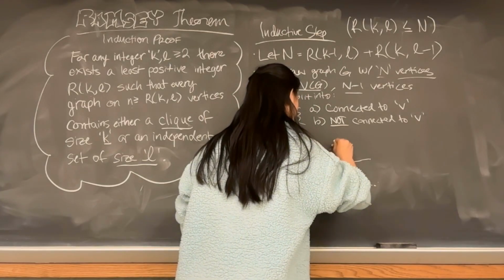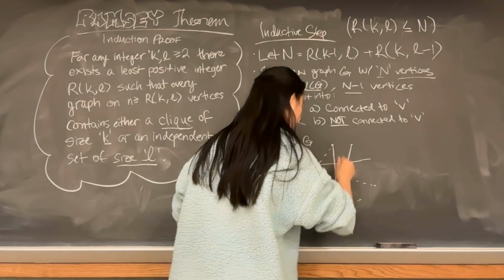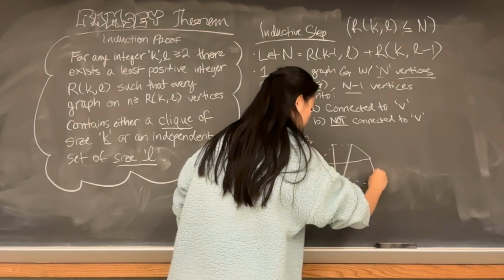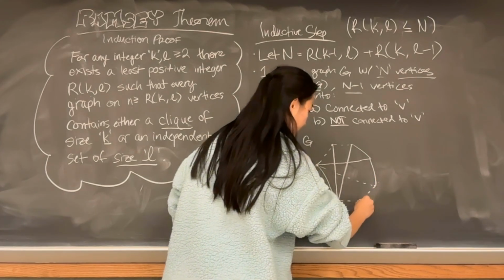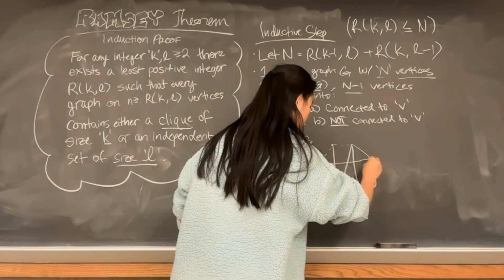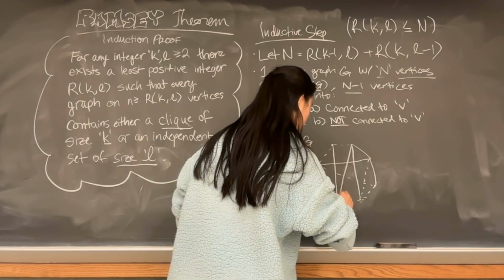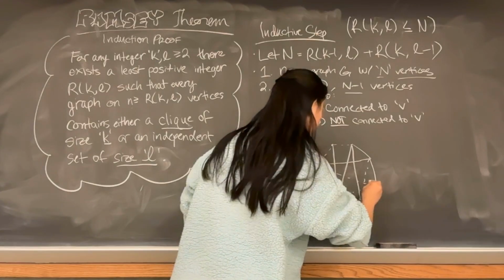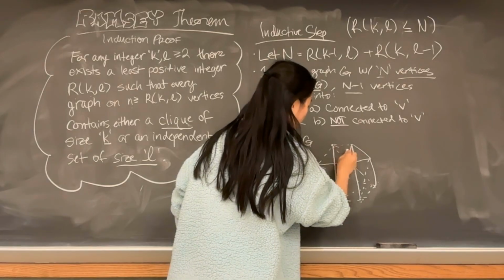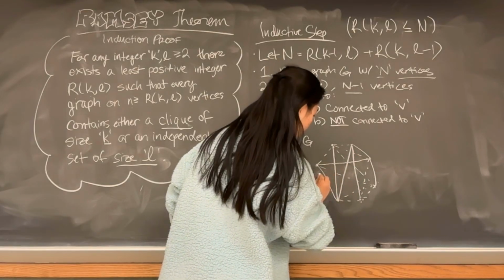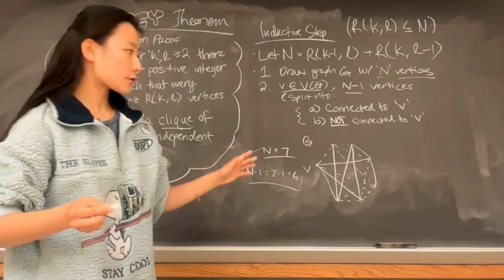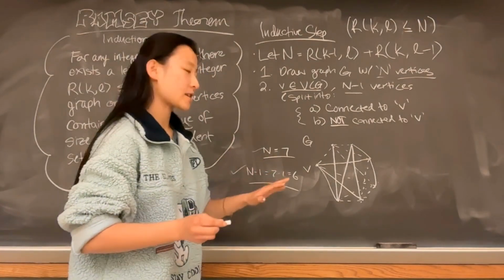And then maybe this is connected, and this is not connected, and this is connected. I believe those are all the connections that are present in a heptagon.